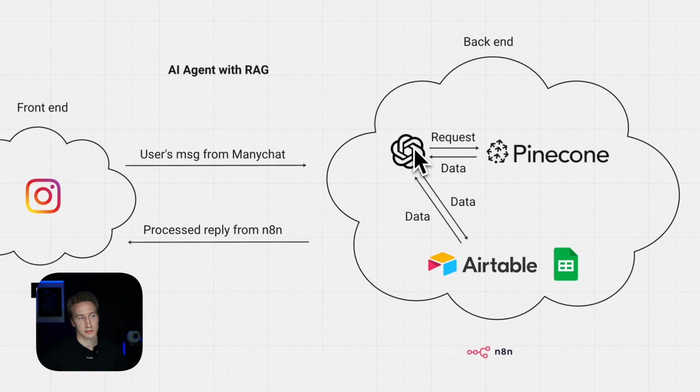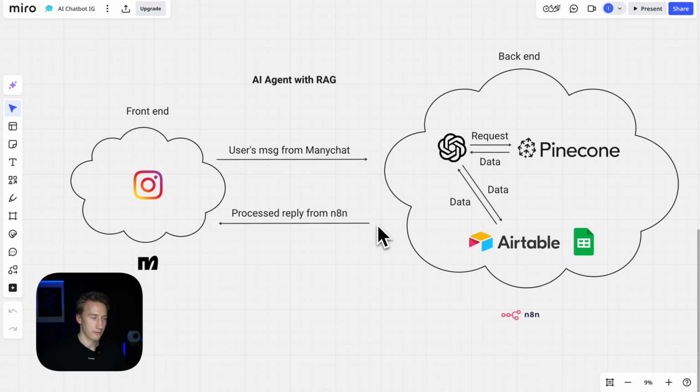I need to request info from the external knowledge base. To use the knowledge base, it sends the request to Pinecone. Then all this magic with the question becoming embedding happens. Pinecone searches through the database and provides the most relevant information. All this information is being converted to the readable text, and then we send it back from n8n to Manychat, and Manychat posts it in IG.